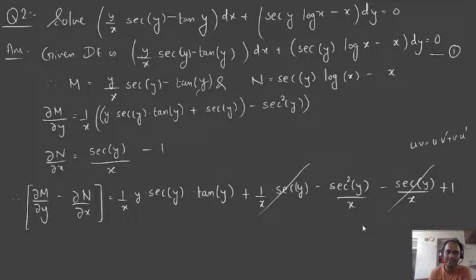So let us see how to handle it now. We divide this term by minus of M. I'll write this thing behind, it would be better. Let us write it here.